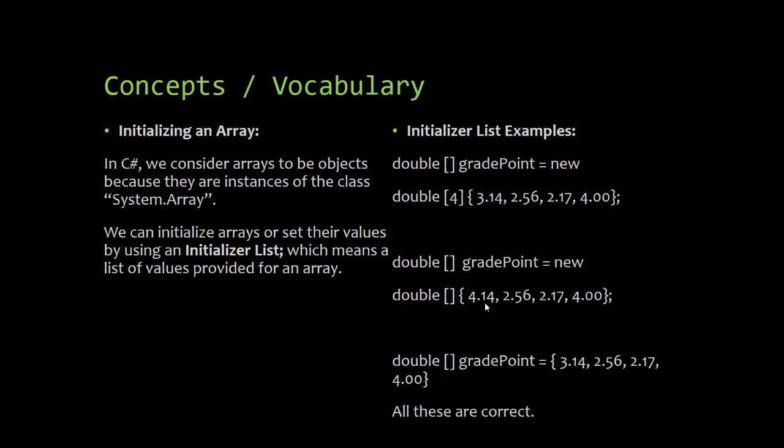Now the new operator is optional. In the first example, we are going to use new double with a size of 4, and then we create an initializer list of 4 values. In the second example, we do not tell it the size of 4, because when we use an initializer list, if you don't provide an array size, then the initializer list will serve as the array size.